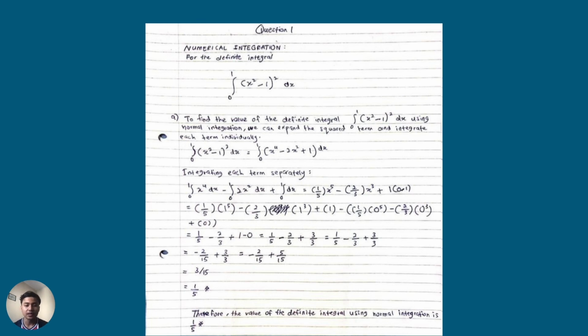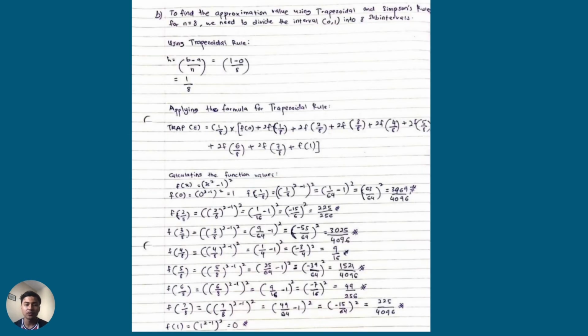Okay, next we go to question B, to find the approximation value using trapezoidal and Simpson's rule. For n equal 8, we need to divide the interval [0, 1] into 8 subintervals.